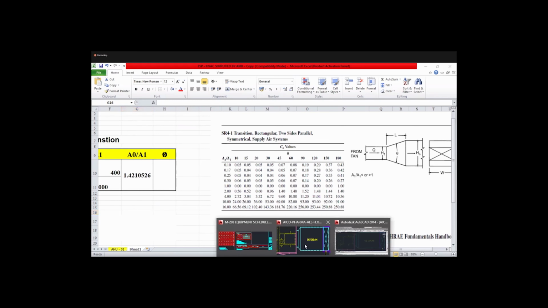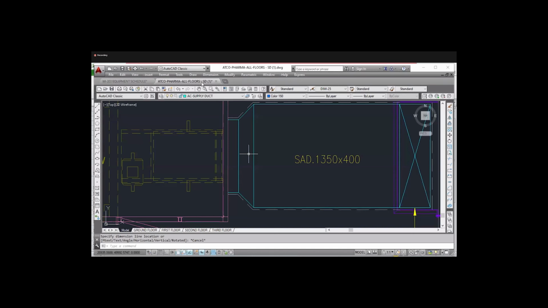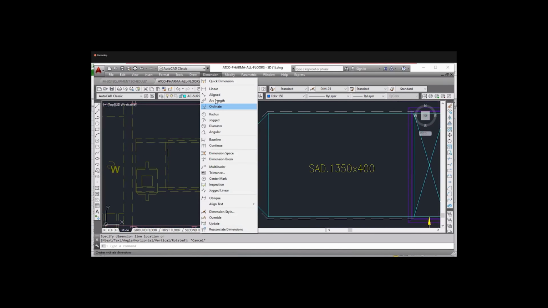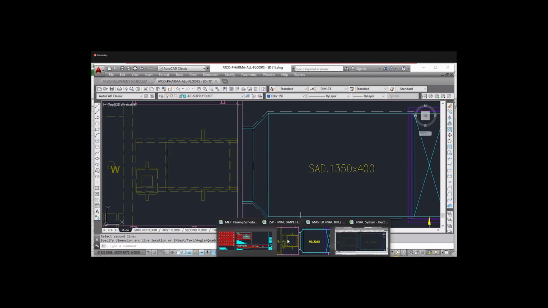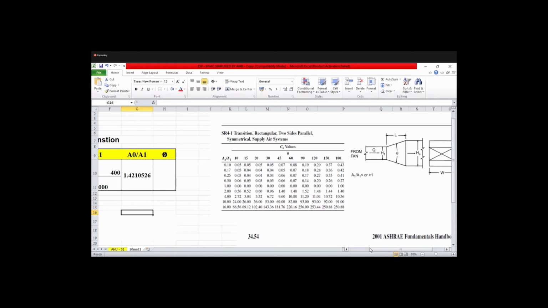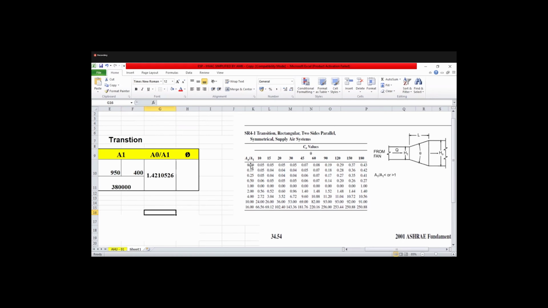So we have to measure here using AutoCAD, angular measurement. This and this. It's showing 90 degrees. So we have to see the 90 degree. So what is the value? 1.42 is the value we are getting.